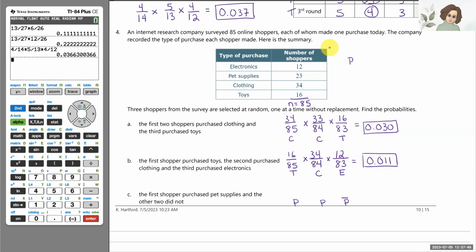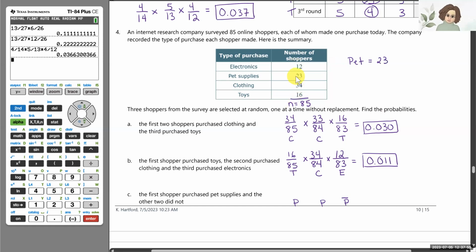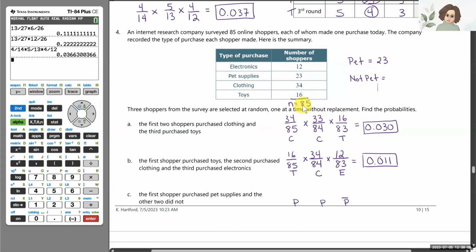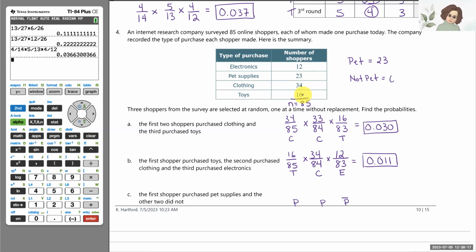I know that 23 people bought pet supplies. So I'm going to need the number that did not buy pet supplies. That would be 85 people minus those 23. Or you could add 12 plus 34 plus 16. Either way, you would get the other 62 people.